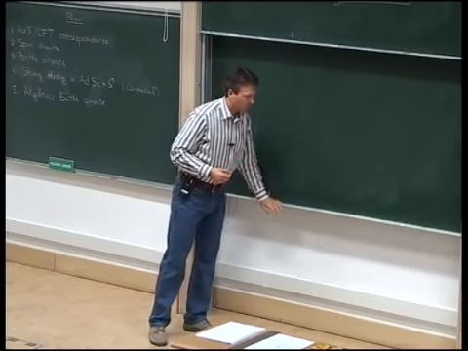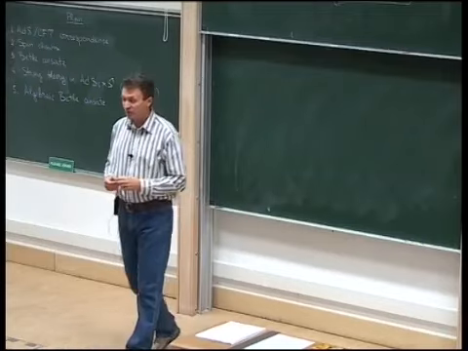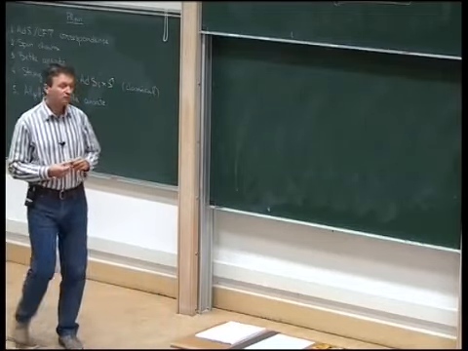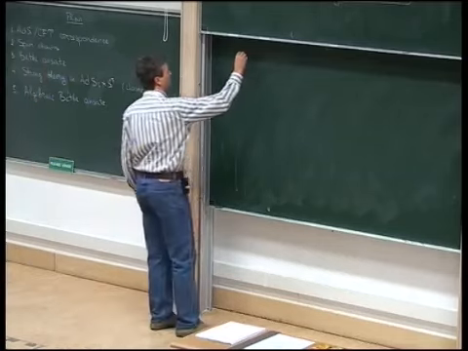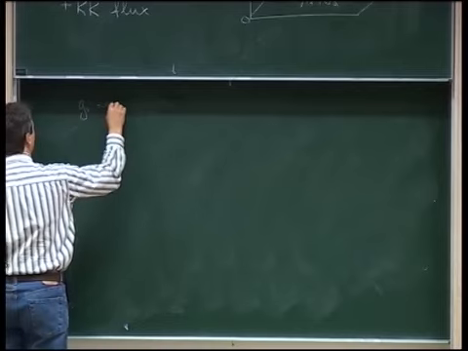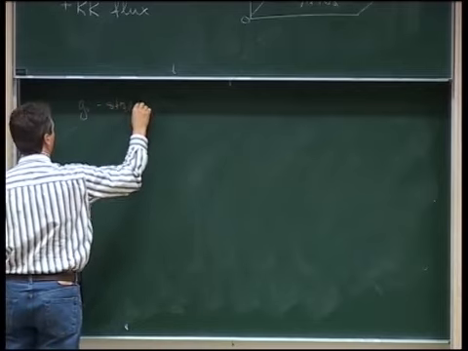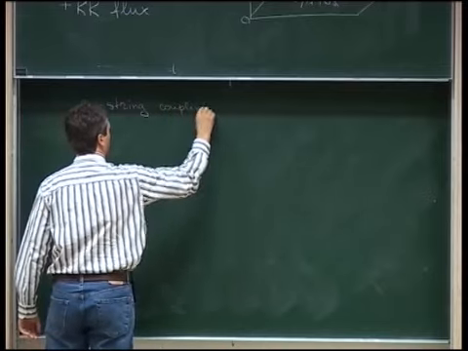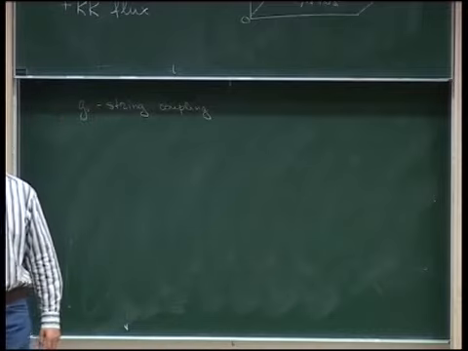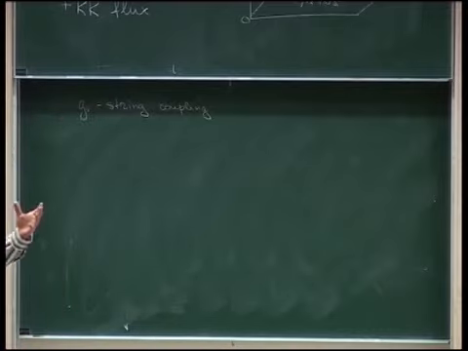So as Mukund told you, there are two parameters that characterize string theory in this background. One is the string coupling. It basically describes the probability for strings to split and join.